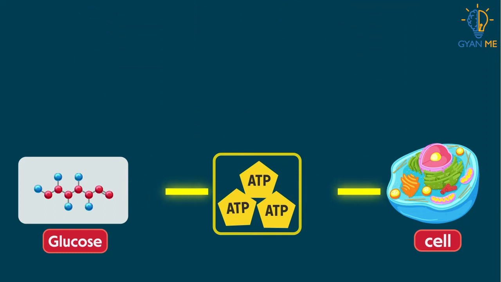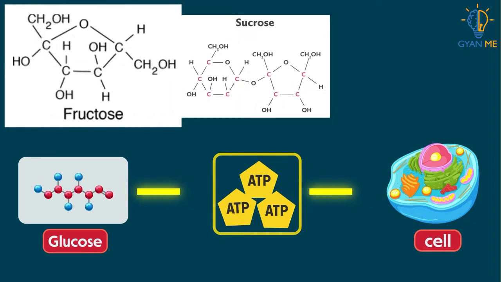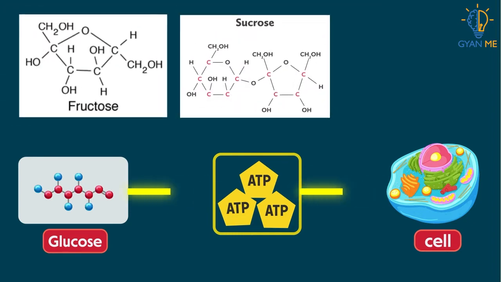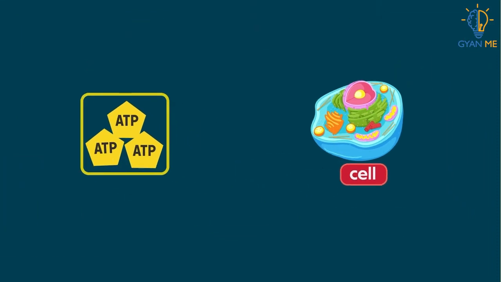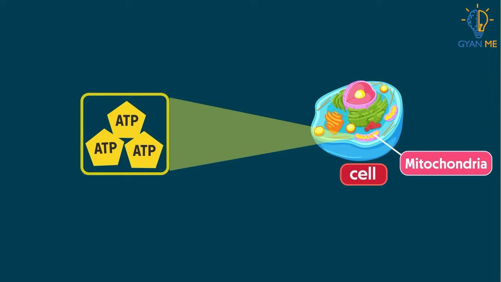Well, to be specific, glucose is not the only molecule which is used for energy production. There are many more like sucrose, fructose, or certain proteins and amino acids. But we will limit ourselves to energy generation from glucose only. Students, ATP can be used by cells to store energy for future use also.